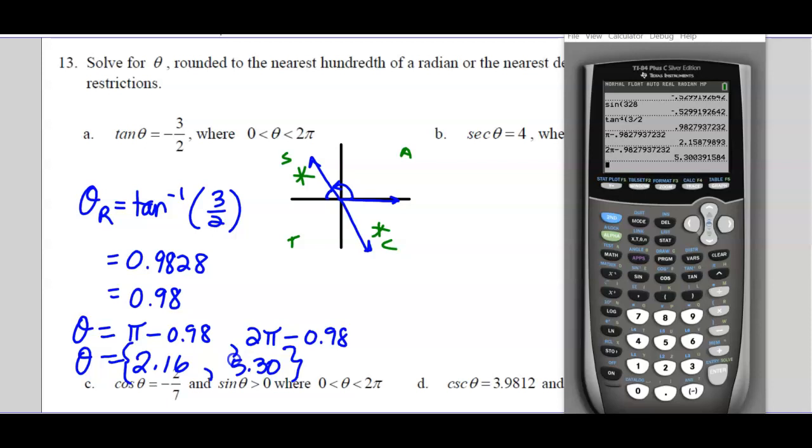There's 2 between 0 and 2 pi. So in a rotation, there's always 2 solutions unless it's a quadrantal angle. On the axes, depending on the angle or the trig ratio, it'll be just 1.